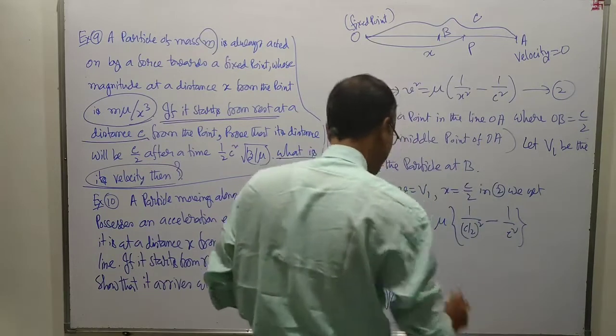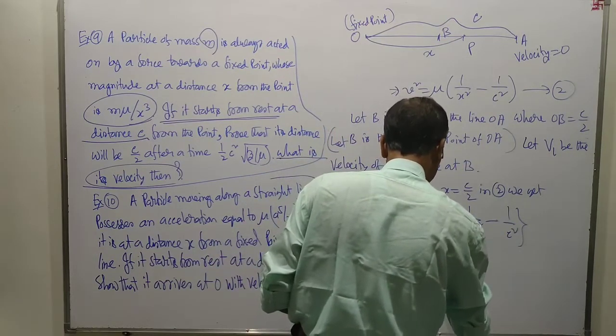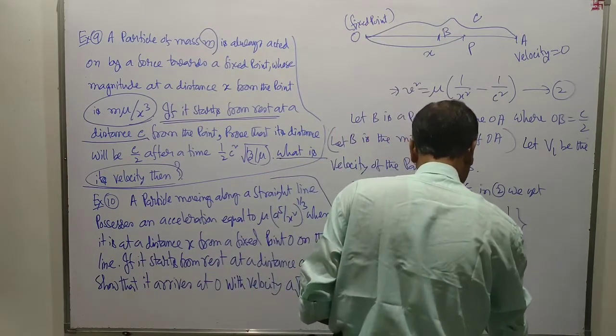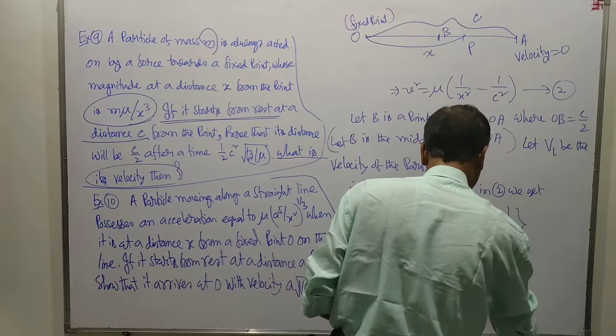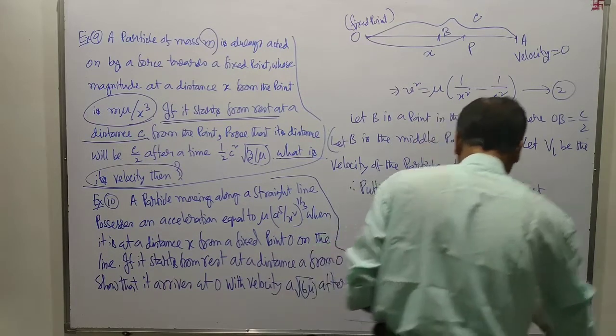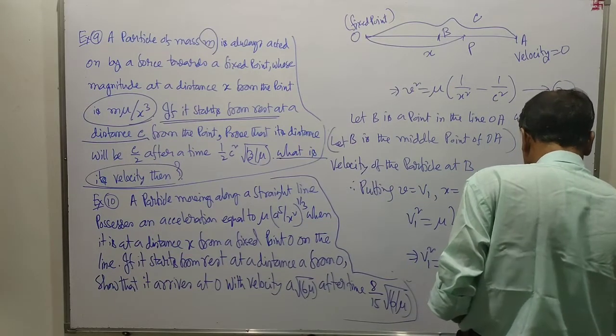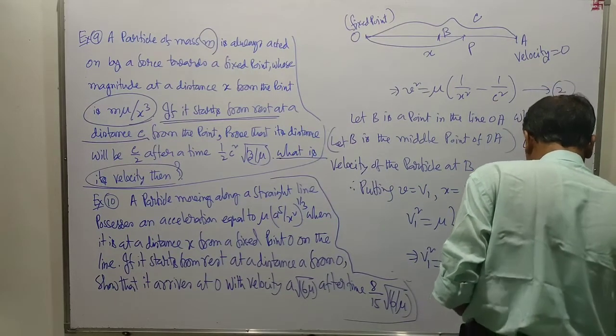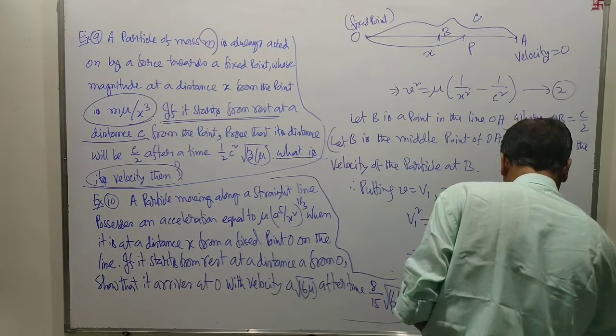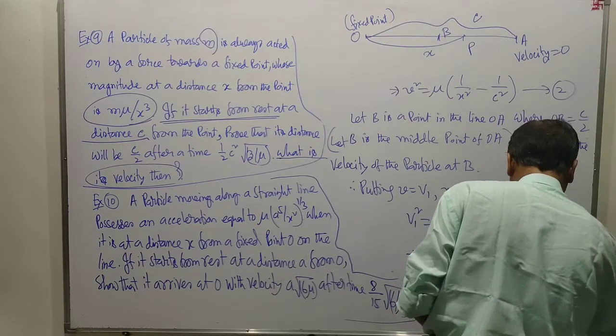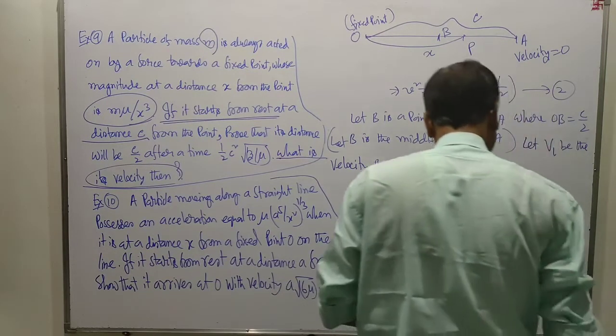You may write like this. This means V1 square equal to mu, you may write here C square into (4 minus 1). This means V1 square equal to thrice mu by C square. This means V1 equal to root over thrice mu divided by C.